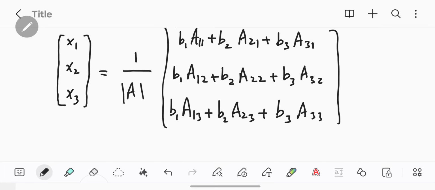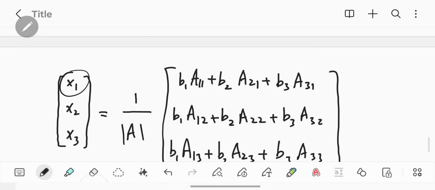Now I will find what is x1. x1 is simply 1 over determinant of A times the first row. And similarly, x2 is 1 over determinant times the second row, and x3 is 1 over determinant times the last row.